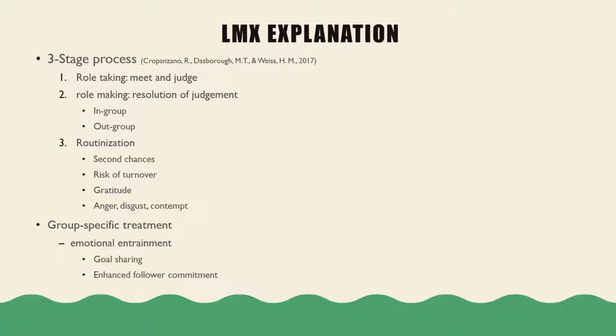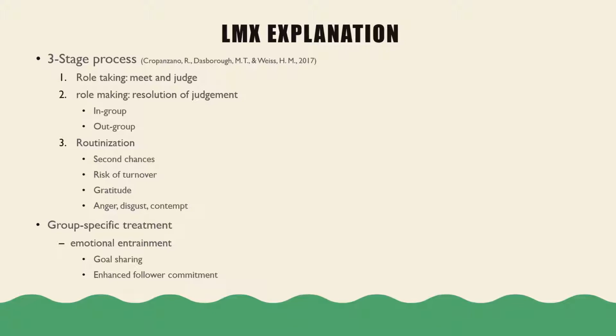LMX suggests that from these observations, the leader categorizes his or her group of followers into two categories, which are, again, the in-group and the out-group. This categorization or differentiation is private and only for the leaders to know, so the followers don't know if they're in the in-group or in the out-group.